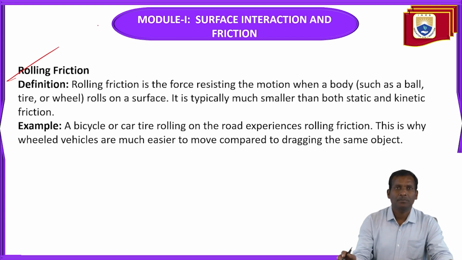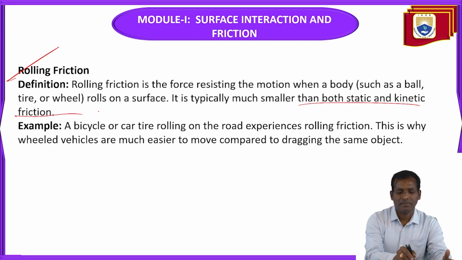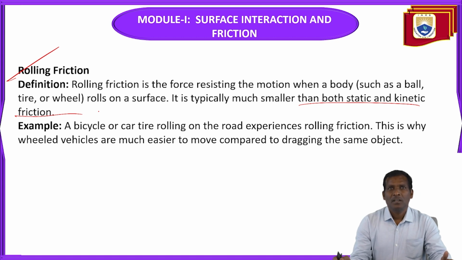Next, rolling friction. Rolling friction is the force resisting the motion when a body such as a ball, tire or wheel rolls on a surface. It is typically much smaller than both static and kinetic friction. A bicycle or car tire rolling on the road experiences rolling friction.